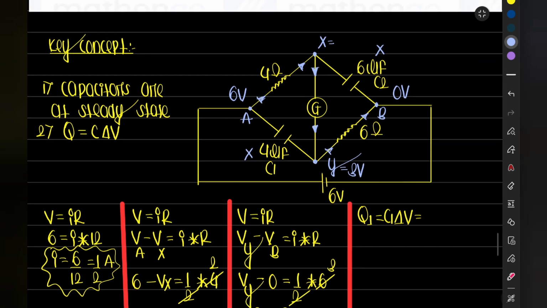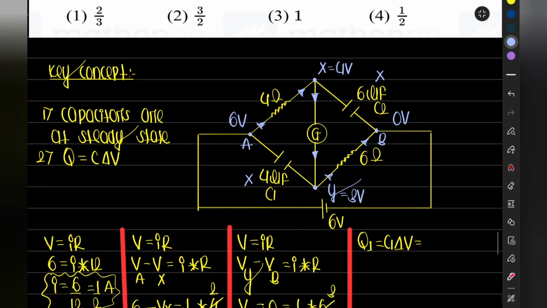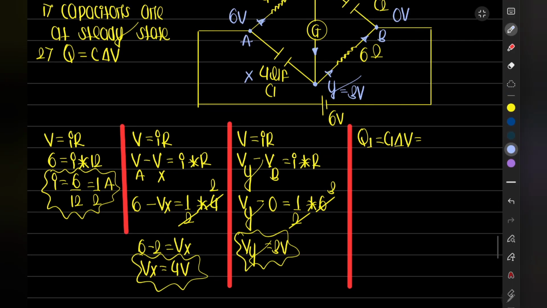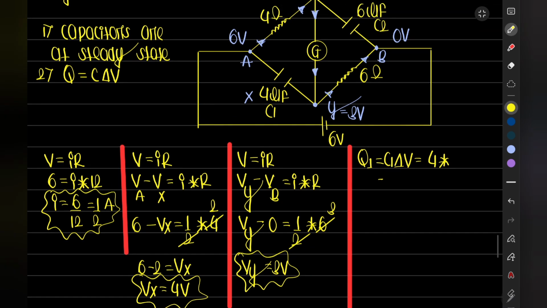The value of C1 is 4 microfarad, and the potential difference across C1 is 6 minus 3. So Q1 will be 4 into 3, which is 12 microcoulomb.